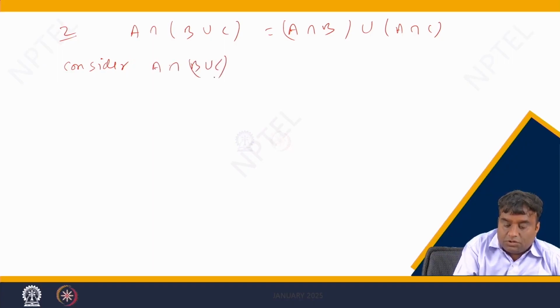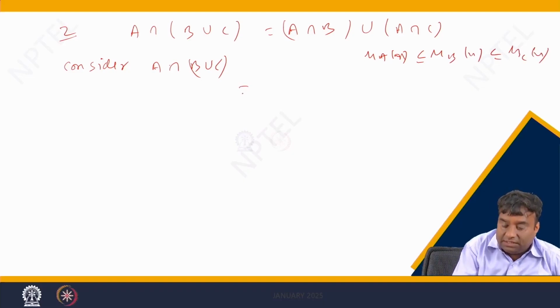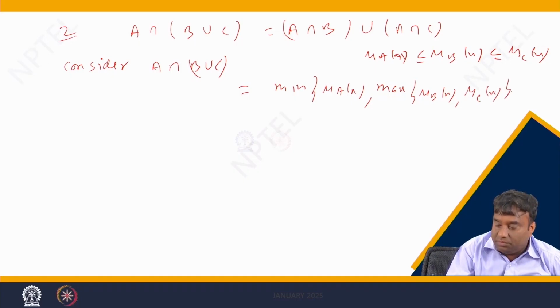Without loss of generality, we are assuming the same thing: mu A(x) is less than or equal to mu B(x) is less than or equal to mu C(x). So this is equal to the minimum of mu A(x), then the maximum of mu B(x) and mu C(x), because this is union, so that is maximum.